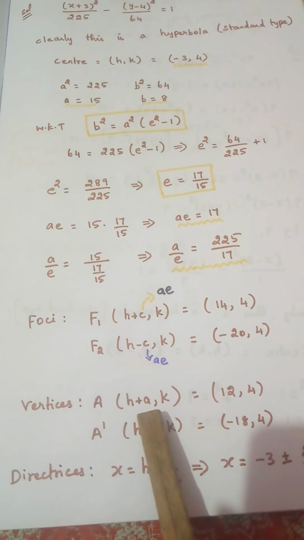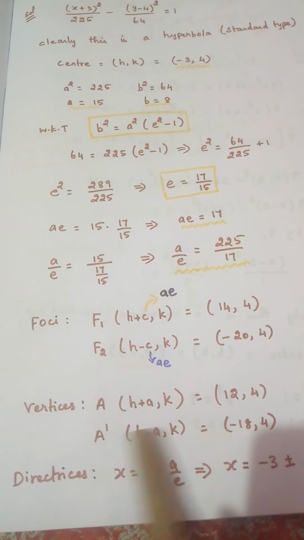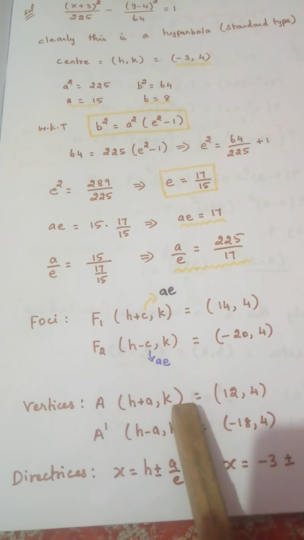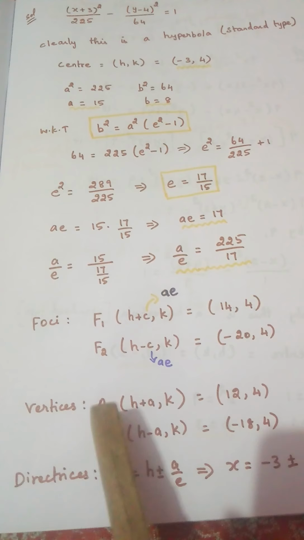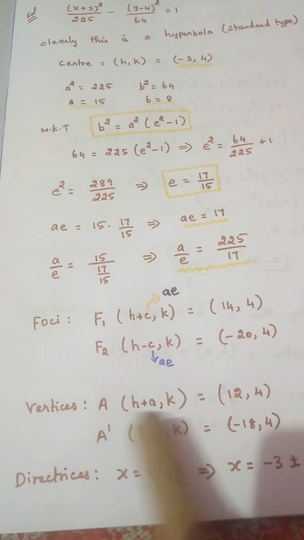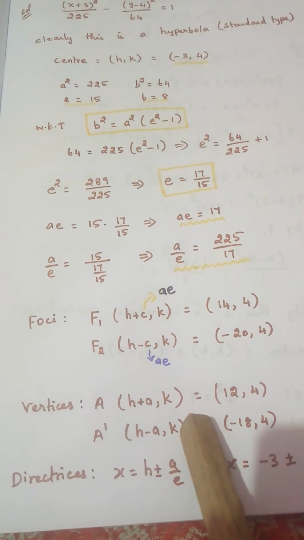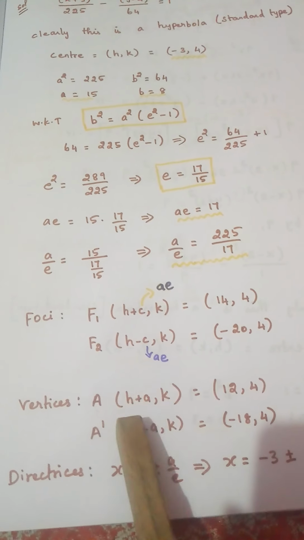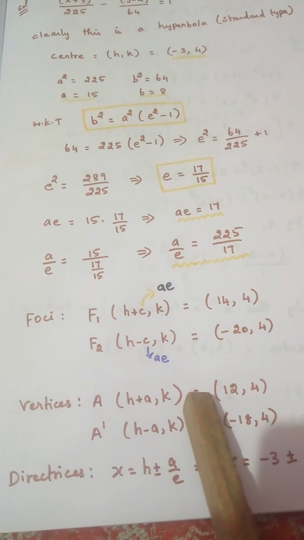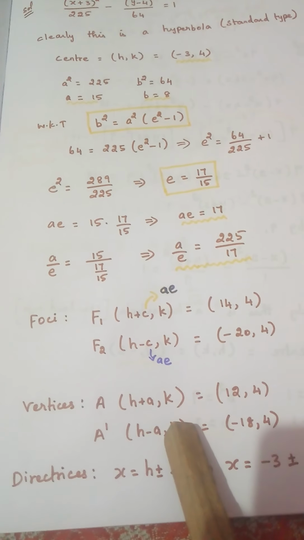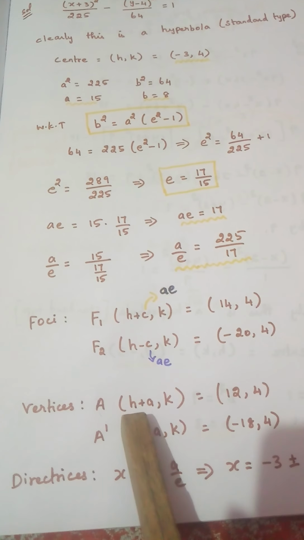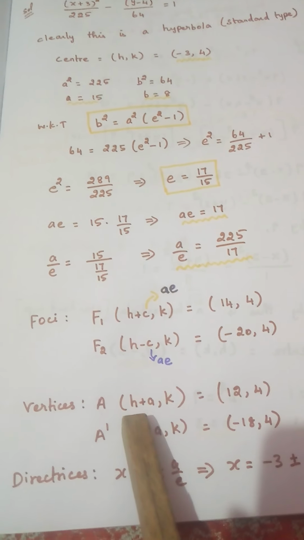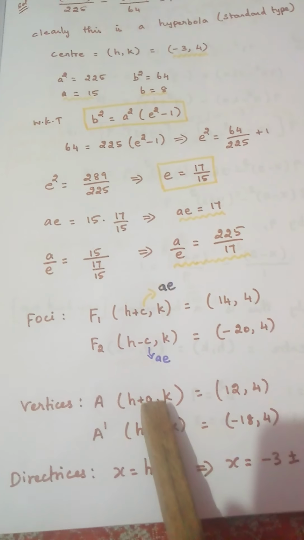A, what is the formula? H plus A comma K. This is standard type. If it is non-standard, this formula will become H comma K plus A, H comma K minus A. Since this is standard type, the formula is H plus A comma K, H minus A comma K. What is H? From the center we should see. H is minus 3. What is the a value?